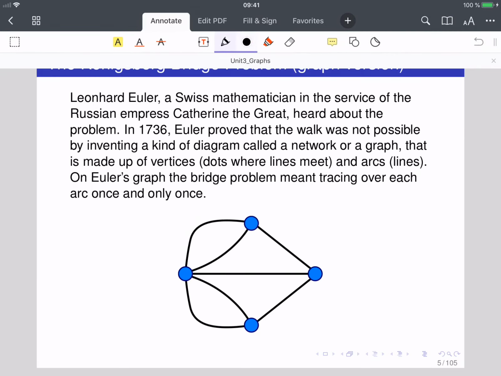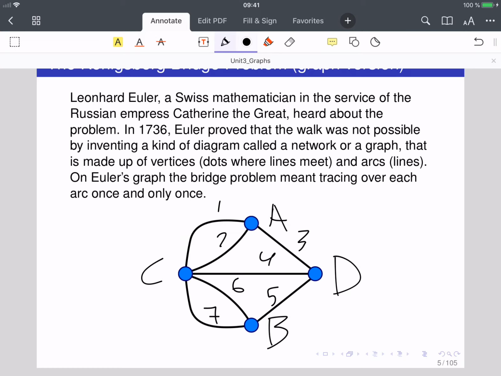Here we had the riverbank A, the riverbank B, and the island C and the island D, and they were connected somehow. Okay, so we had 7 bridges, 1, 2, 3, 4, 5, 6, and 7, connecting the riverbanks and the islands as we have depicted in this figure.